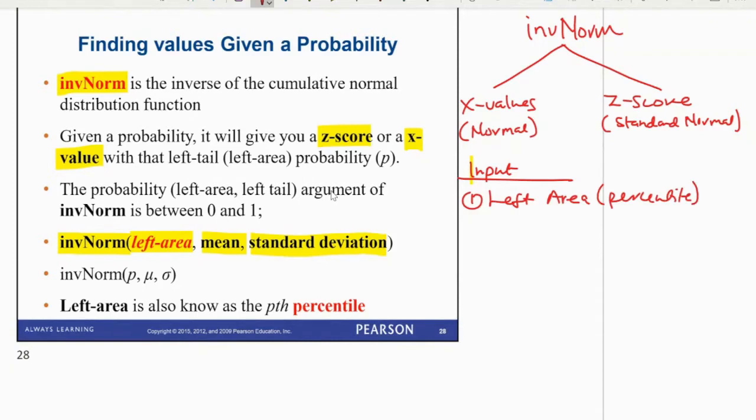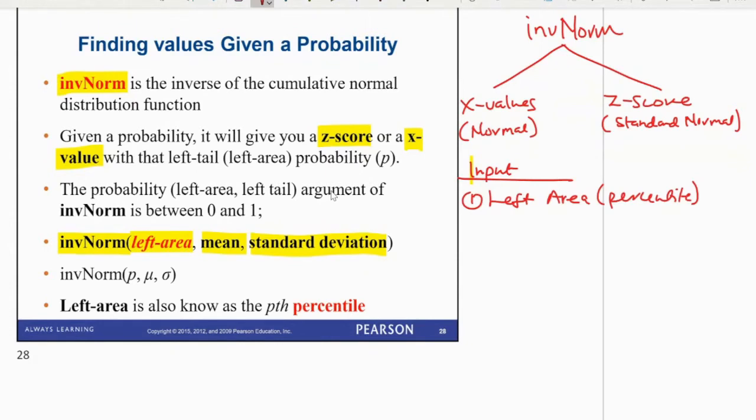So whatever number you put there, it may be thinking that you are putting in the value for the left area. We will look at some examples that can help us understand this. I just want to point out that when you put a number there, the computer doesn't know what you put there. It only assumes that the first value you put there is a value from the left area.